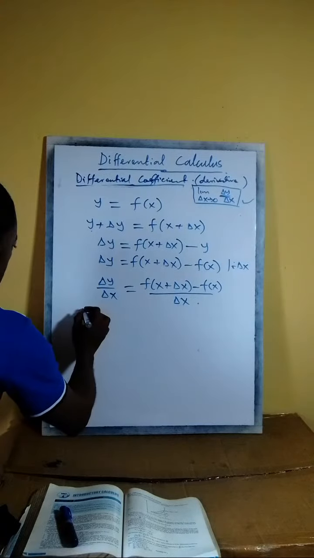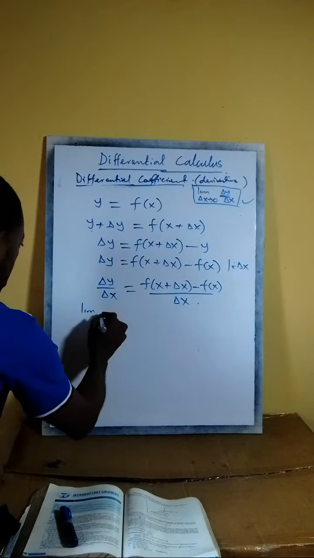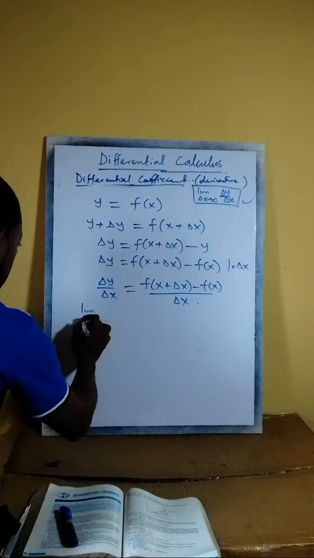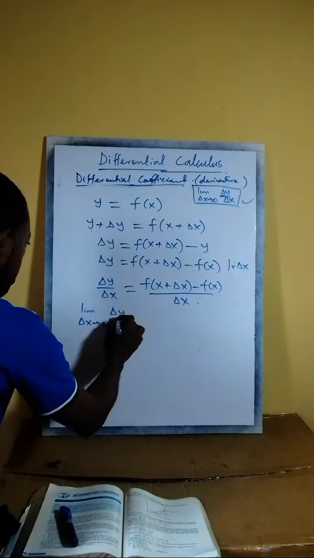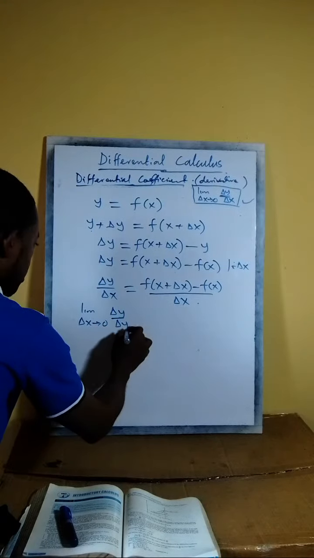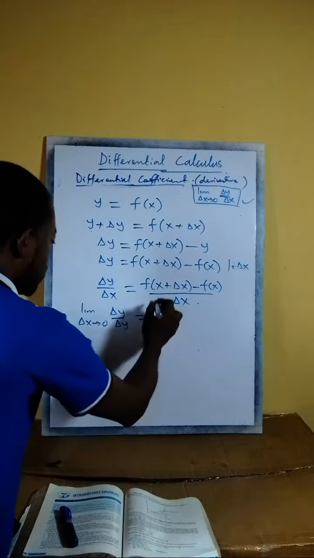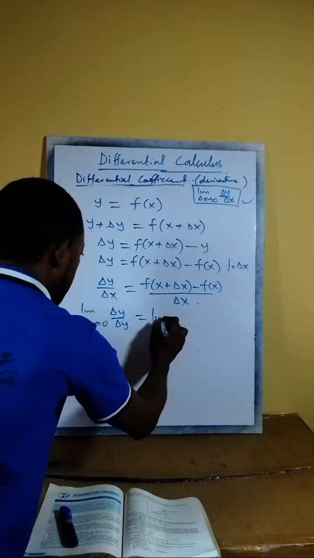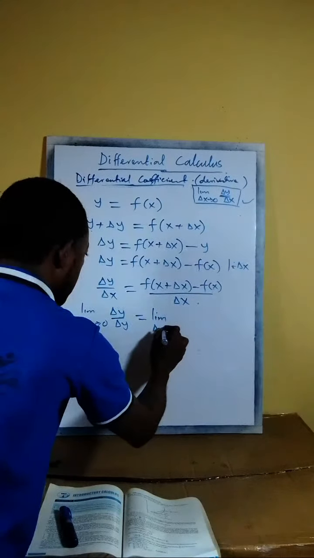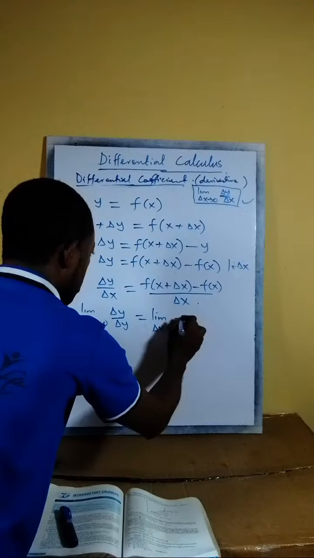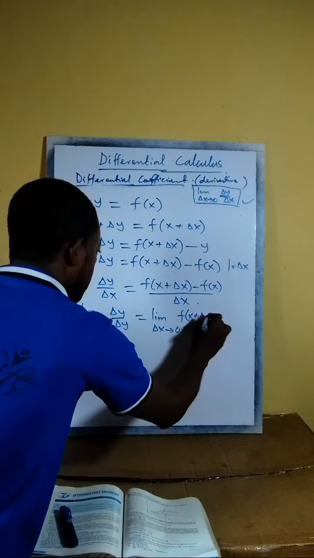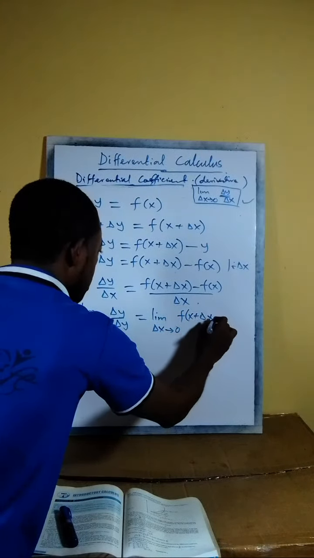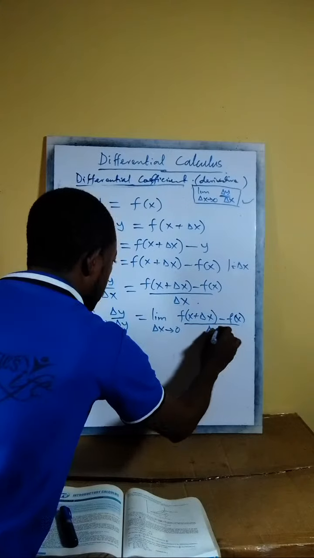Then this side will now be the limit as delta x tends to 0 of delta y over delta x, which will be equal to, also on this side, the limit as delta x tends to 0 of f of x plus delta x minus f of x, then over delta x.